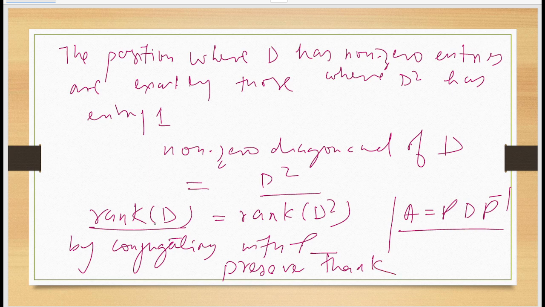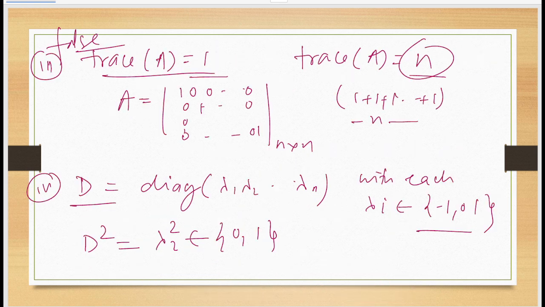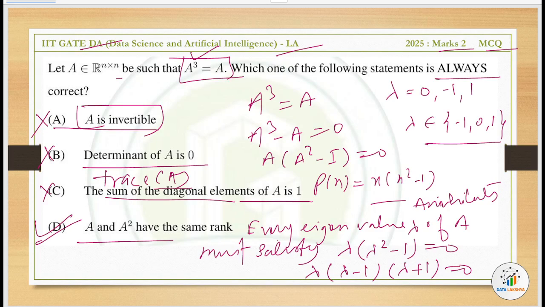That means rank of A will be equal to rank of A square right here. So this is true. So here we calculated that A and A square have the same rank, right? This is the true statement. So that's it from this video. Thanks for watching.